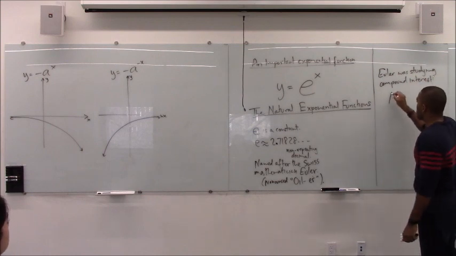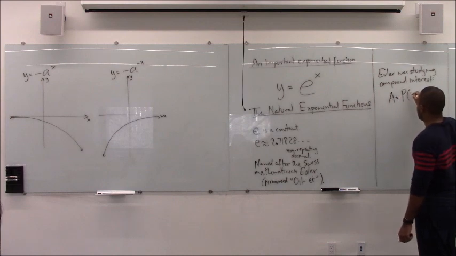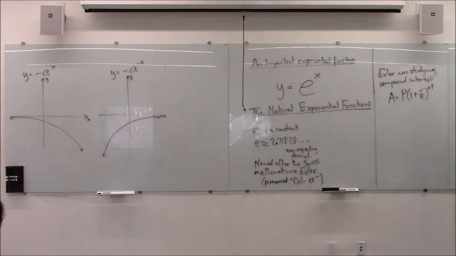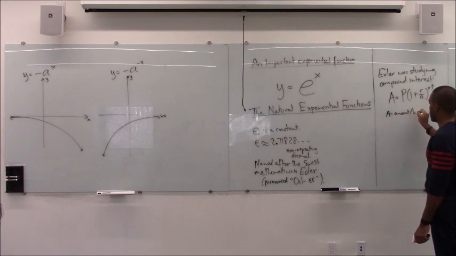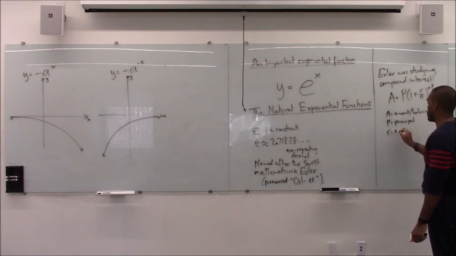And remember, that's like when money is growing according to this formula. So A here is the amount or balance in an account. P is the principal. So it's the original invested amount. R is the interest rate, written as a decimal.